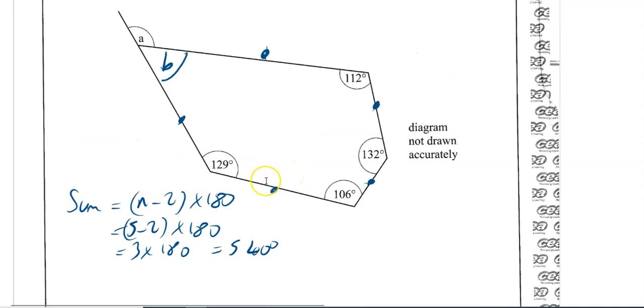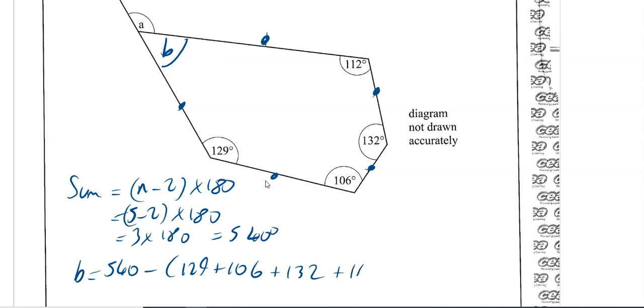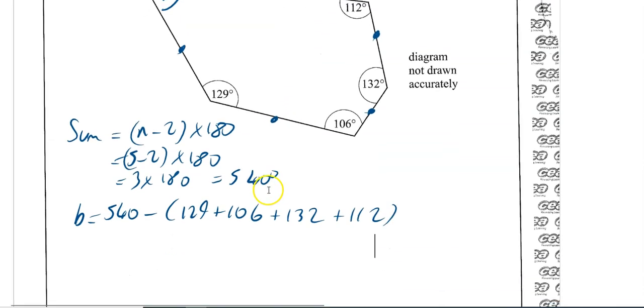So B is going to be equal to 540 minus 129 plus 106 plus 132 plus 112. We'll work that out and see what we get. If I add all those things up, 129 plus 106 plus 132 plus 112, I get 479.